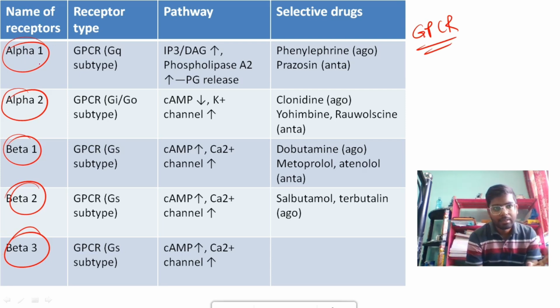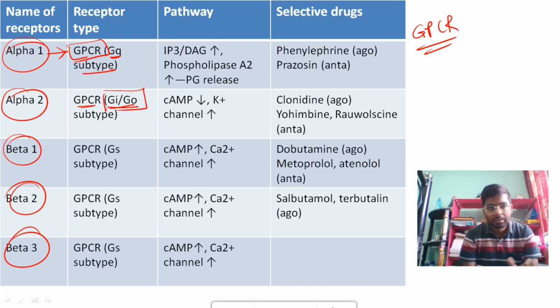Alpha 1 is a Gq subtype GPCR, whereas alpha 2 is a GPCR where the protein involved is Gi/Go. Beta 1, beta 2 and beta 3 are all Gs subtype GPCRs.